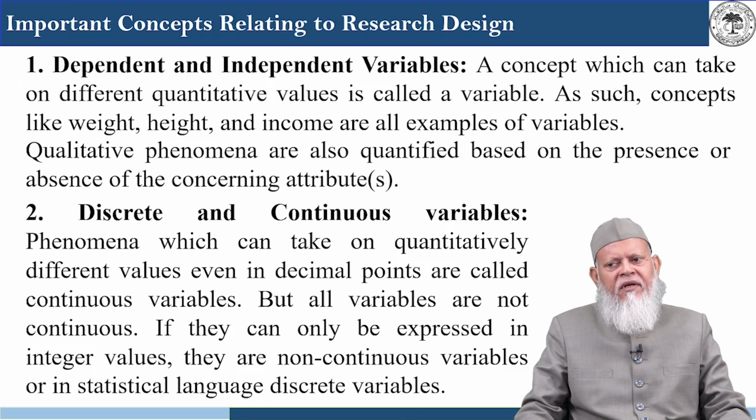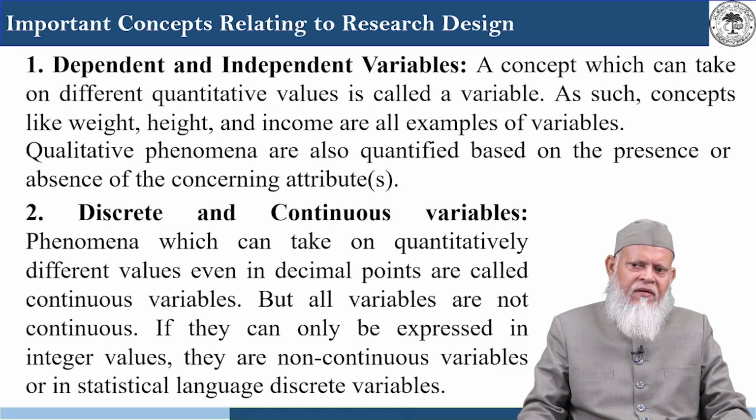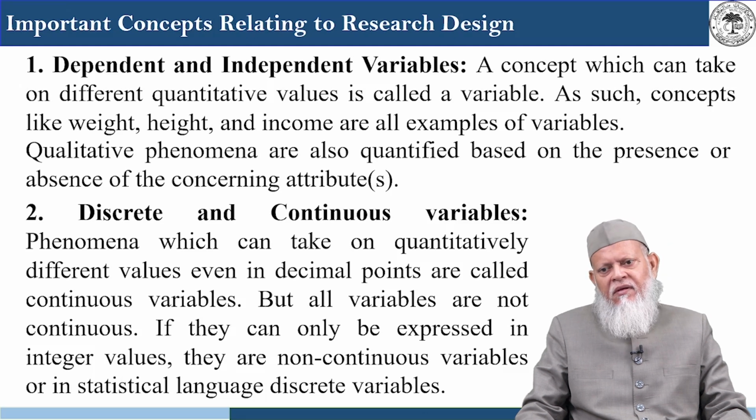Now, what is a dependent variable and an independent variable? A dependent variable is one which is explained, which is caused, whereas an independent variable is one which causes, which has an impact, which is the reason of the phenomenon.